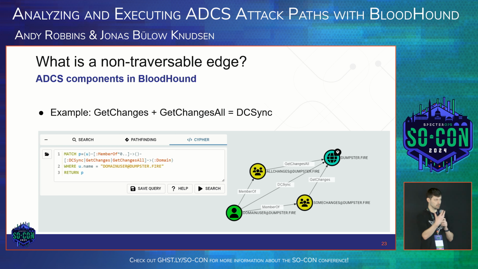And then line 3 is returning those patterns. So this shows us both the post-processed edge, which is DCSync, and also the non-traversable edges, which are GetChanges and GetChangesAll. Does that answer your question? Okay.